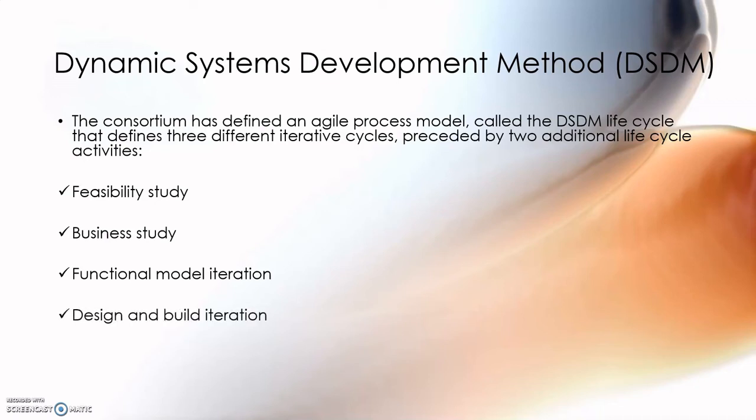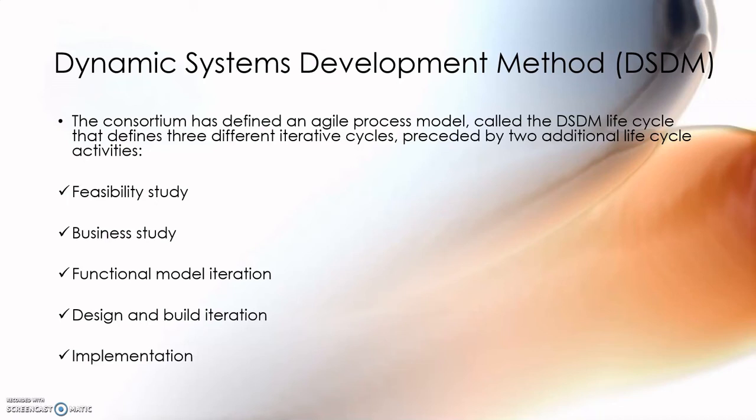Design and build iteration revisits prototypes built during functional model iteration to ensure that each has been engineered in a manner that will enable it to provide operational business value for end users. Then we have implementation, which places the latest software increment into the operational environment.